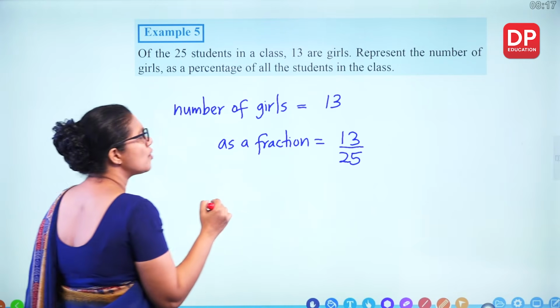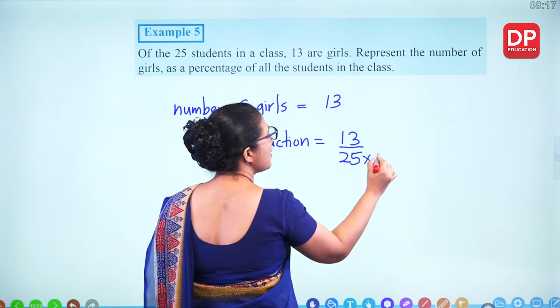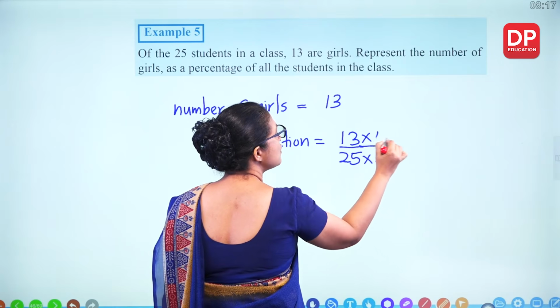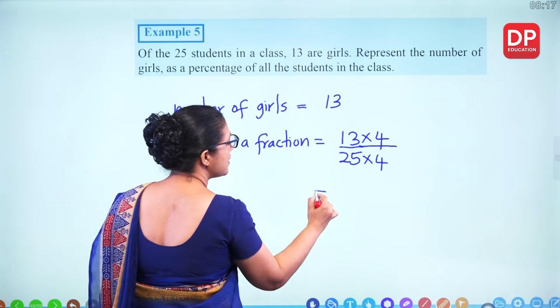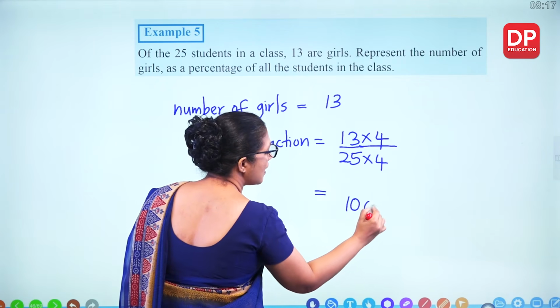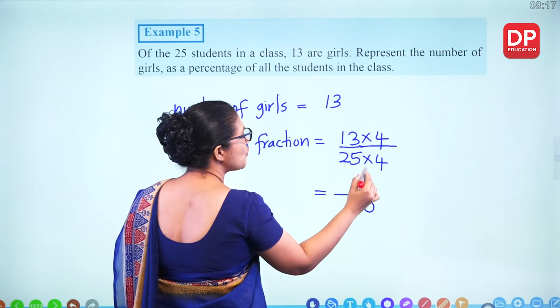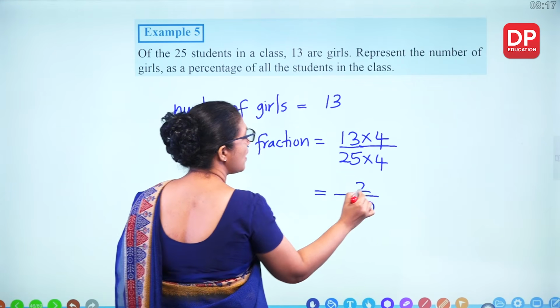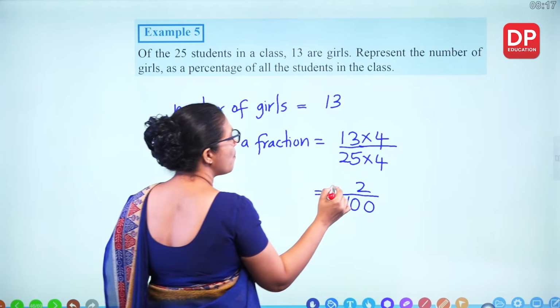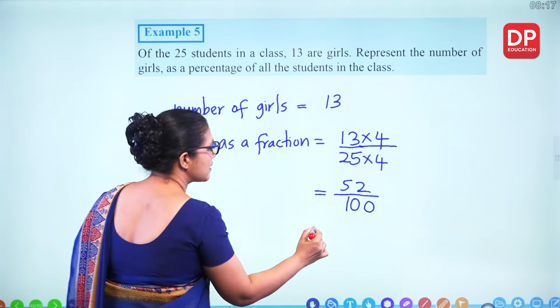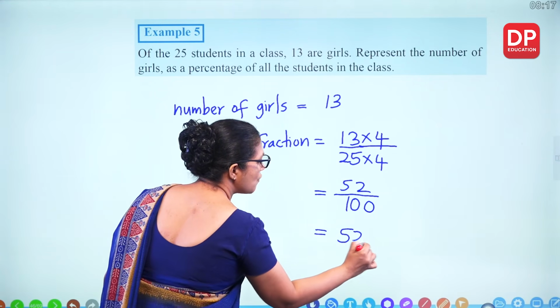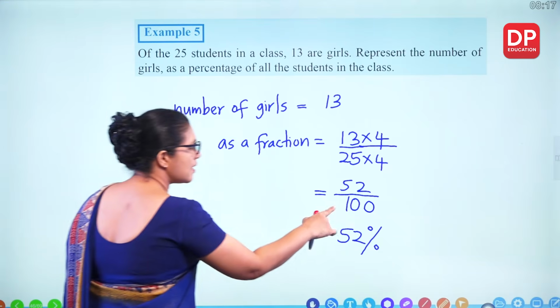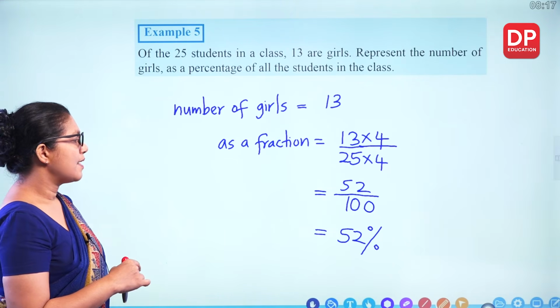Now we'll convert to a percentage. Multiply both the numerator and the denominator by 4 to get 100 in the denominator. 13 times 4. 4 times 3, 12. And 4 times 1, 4 plus 1, 5. So what's the percentage? 52%, because the denominator is 100 there.